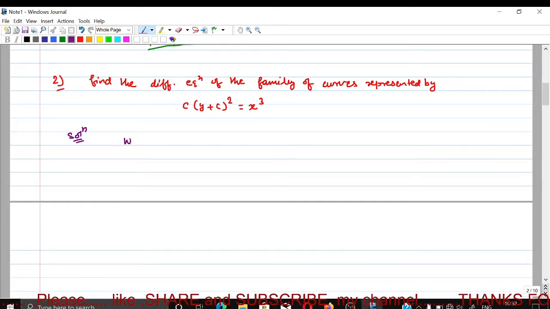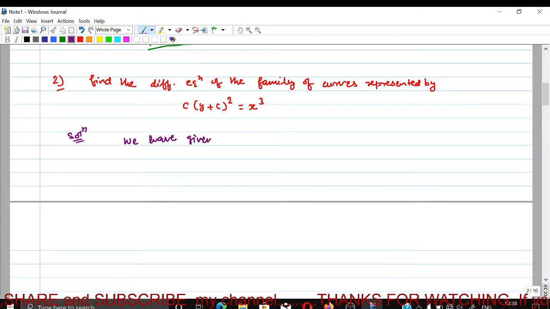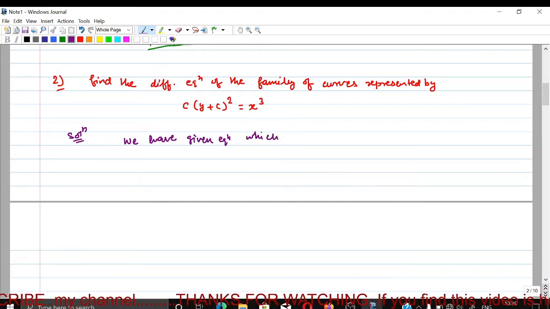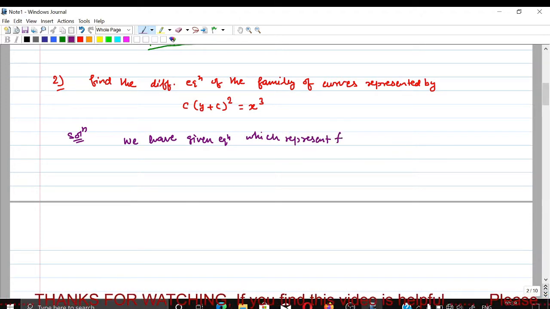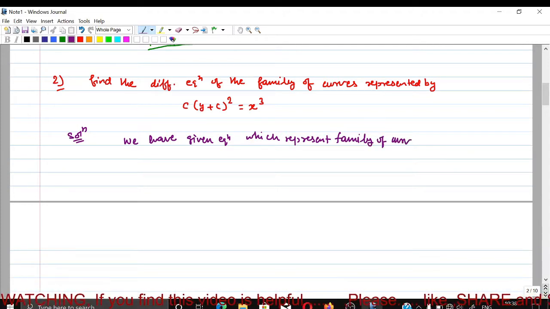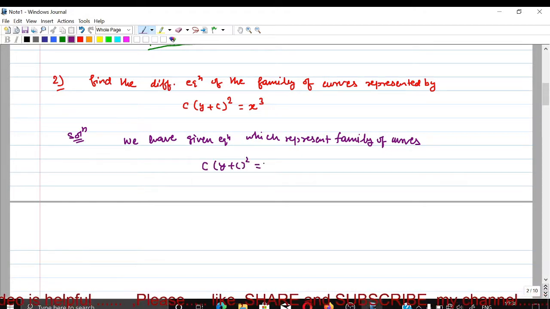So we have the given equation which represents the family of curves, that is (y plus c) whole square equal to x to the power 3.